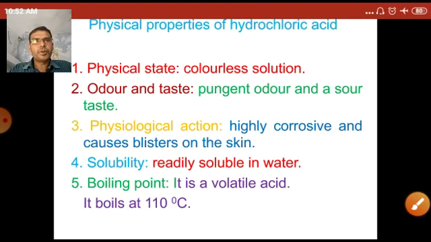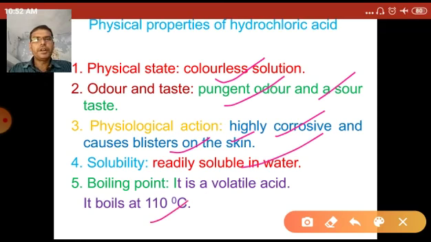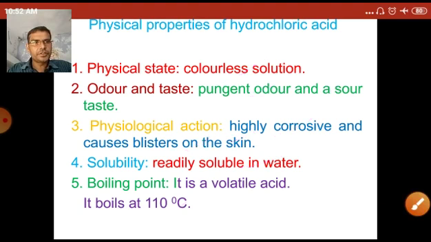So these are the physical properties of hydrochloric acid. The physical state: hydrochloric acid is a colorless solution. It has a pungent odor and sour taste. It is highly corrosive in nature and causes blisters on the skin. Hydrochloric acid is readily soluble in water, its boiling point is 110 degrees Celsius, and it is a volatile acid.